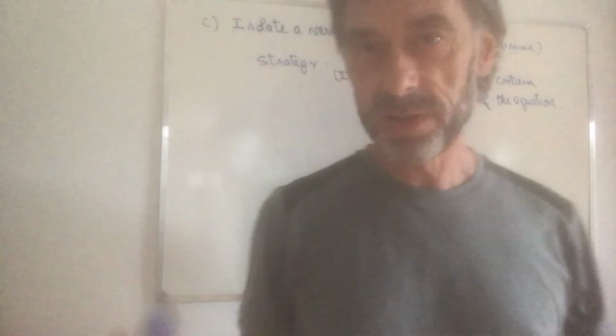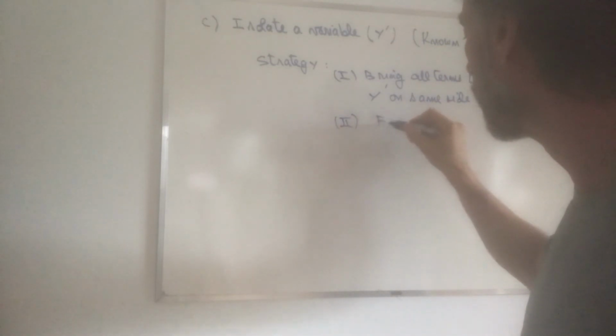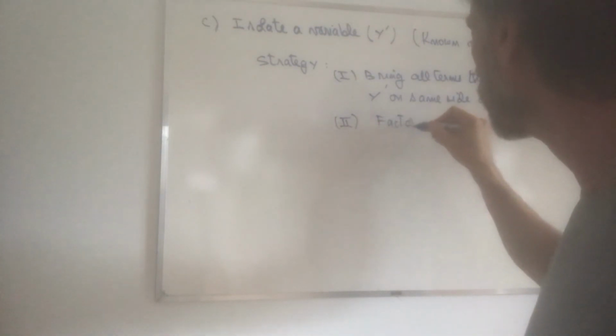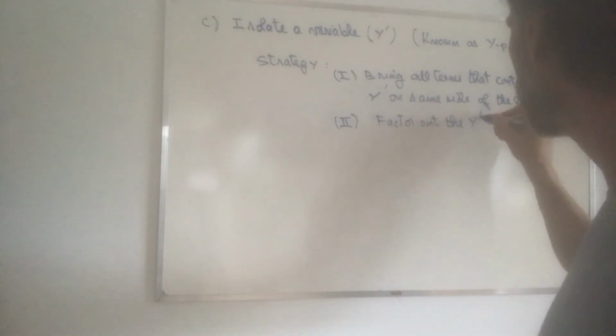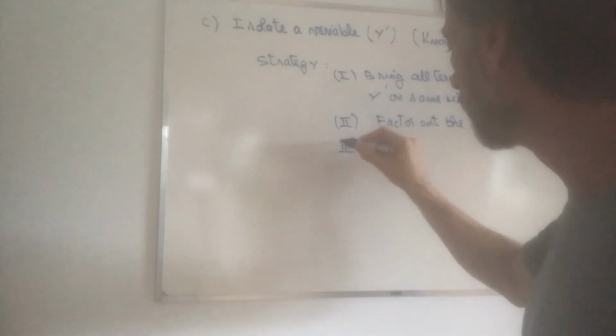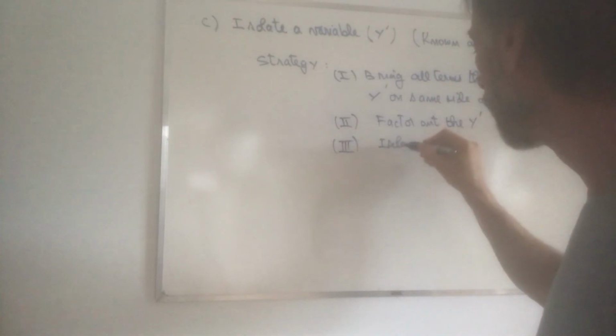We left inequalities behind in the previous sub-chapter. So first of all, bring all terms that contain y prime on the same side. Two, factor out the y prime. And finally, three, isolate the y prime.